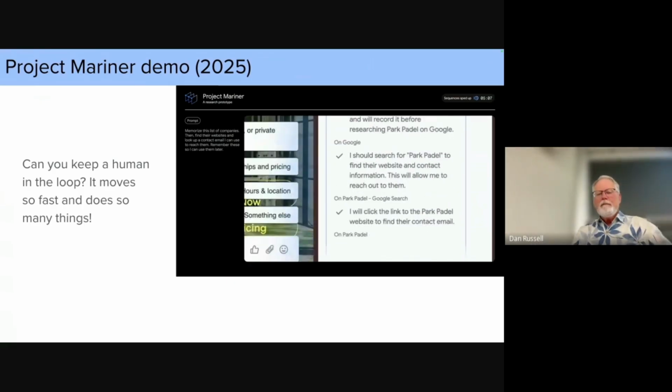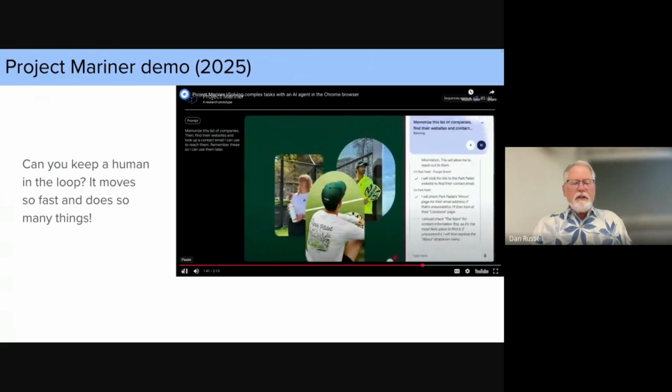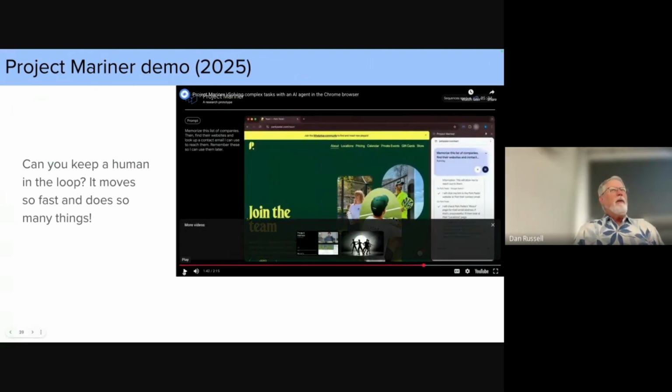My first thought on watching this was, I can't keep up. I can't keep up with what's going on with this single-threaded agent. Imagine an agent that can spawn sub-agents. So rather than doing all these companies in serial mode, it actually spawned one agent per company.